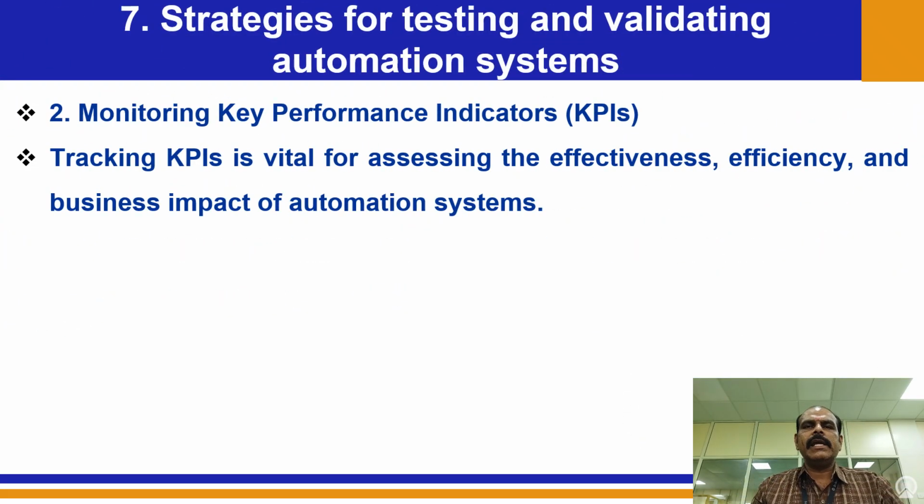Now, monitoring key performance indicators, KPIs. We should track them continuously for assessing the effectiveness, efficiency and business impact of automation systems. Again I will go for a very simple example. After crossing a particular age limit, say 40 or 45, we undergo some sort of catabolic activities inside the body.